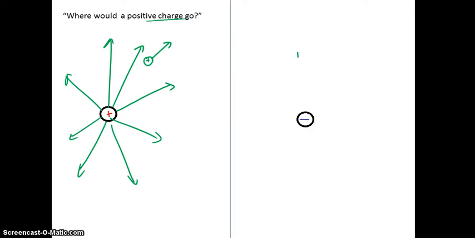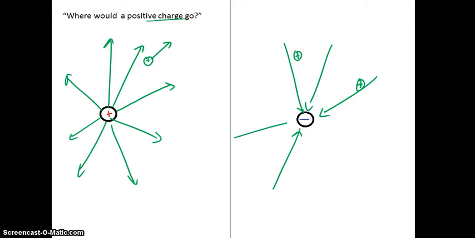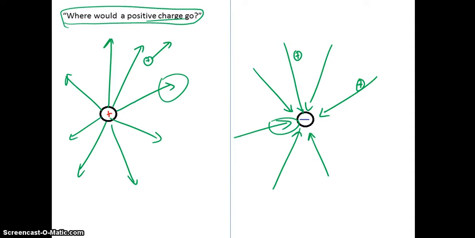If I put a positive charge here, it would move towards this negatively charged object. So if you're trying to figure out which direction the electric field is, just ask yourself, where would a positive charge go?